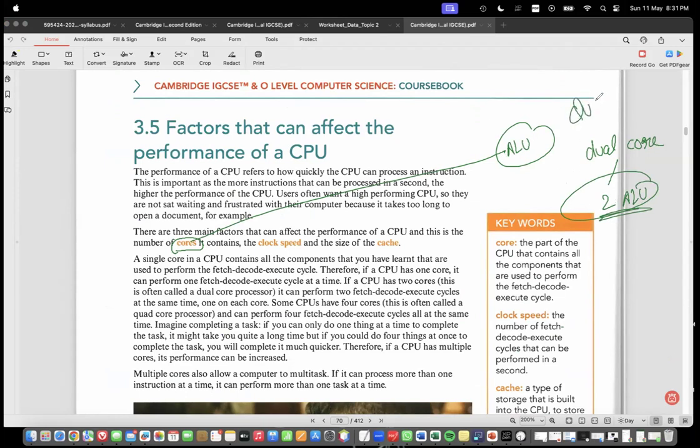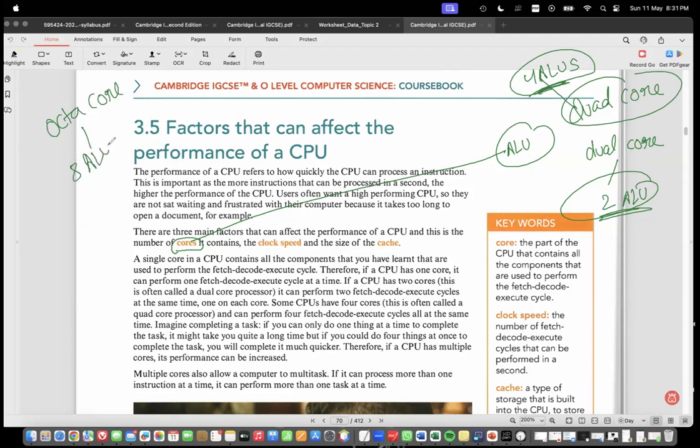Quad core means 4 ALUs, so 4 tasks can be performed simultaneously. And octa-core means 8 ALUs, which means your CPU is able to perform 8 tasks simultaneously.